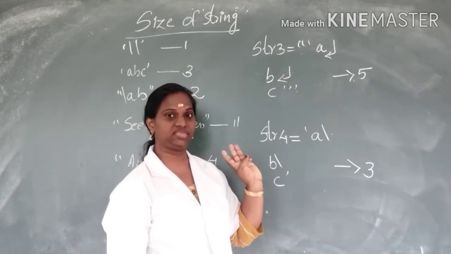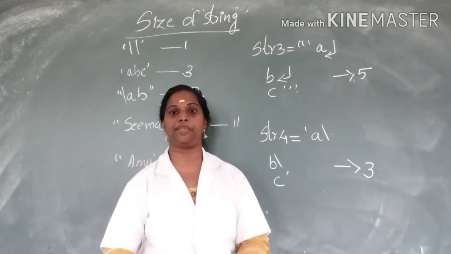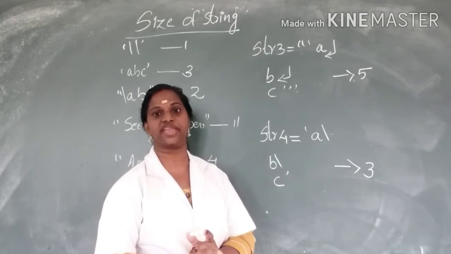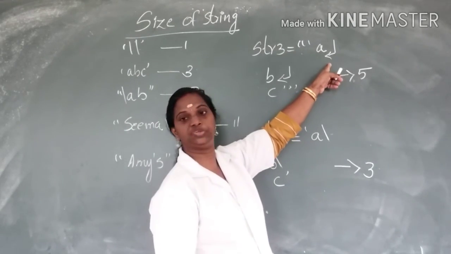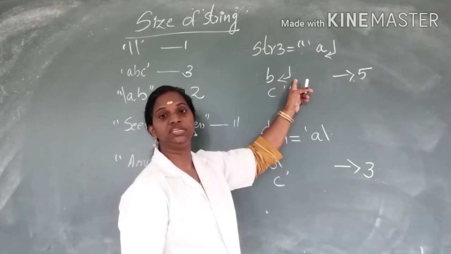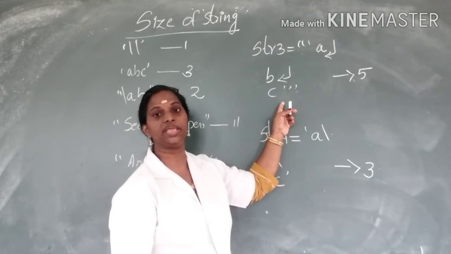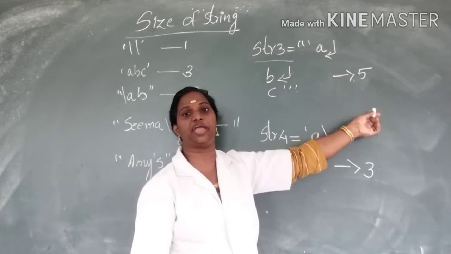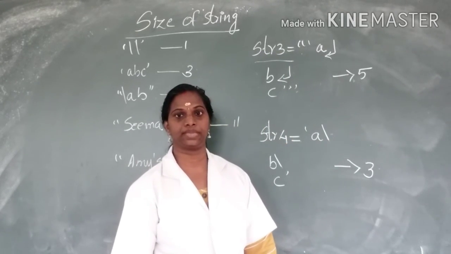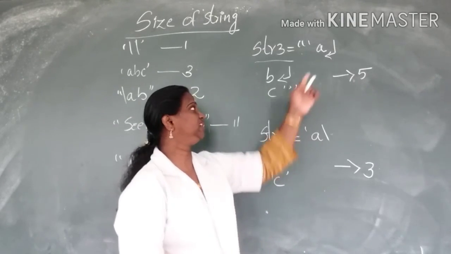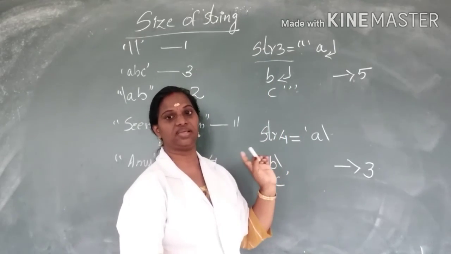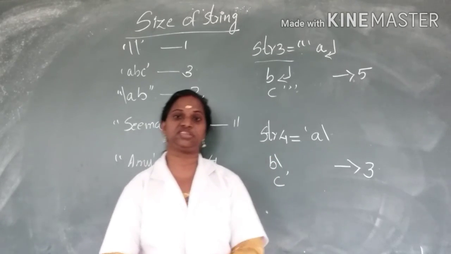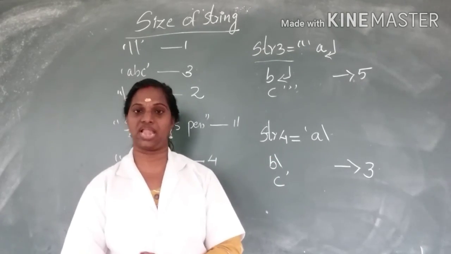Clear? See, 3 lines. So in this example, the carriage return, that is the enter key, will be treated as 1 character. So here we have 2 characters, here we have 2 characters, then here we have only 1 character. So the size of this string 3 is 5. It's a single string but it is given in multiple lines.